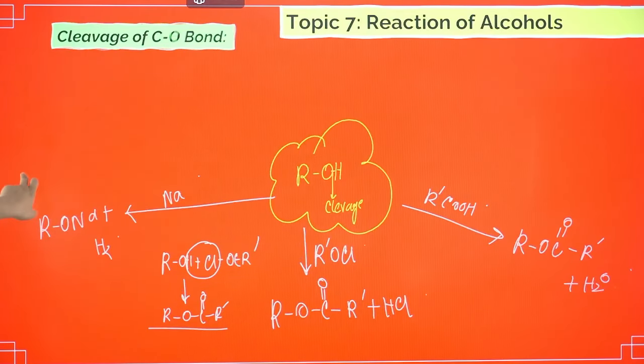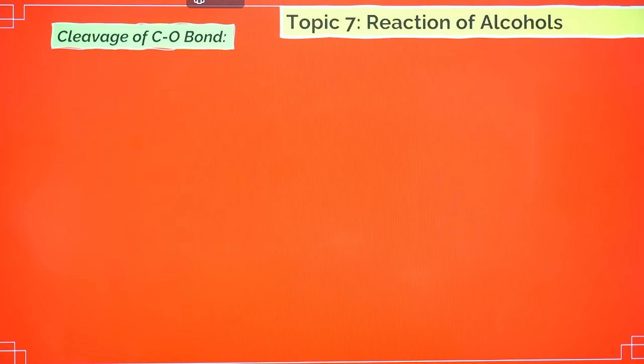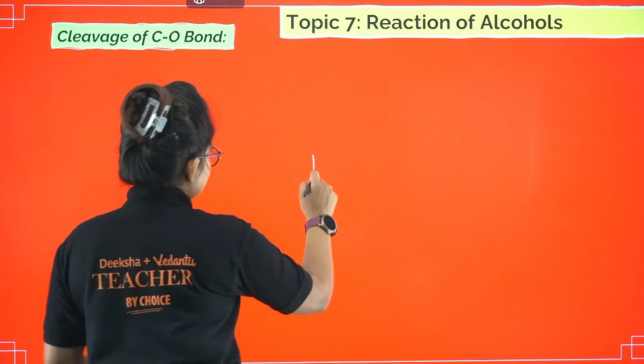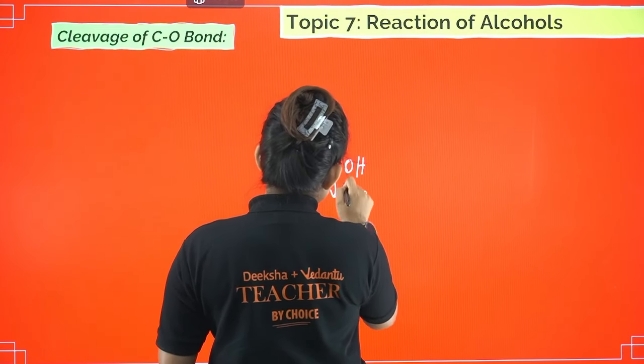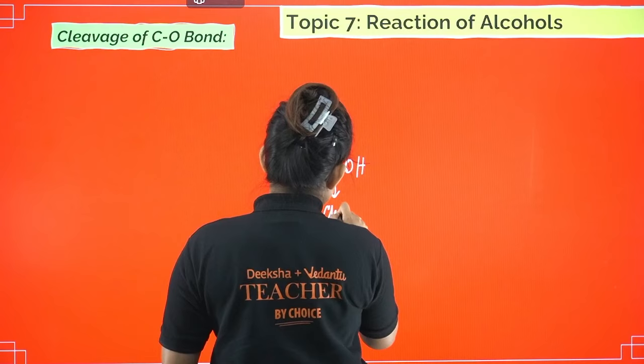Okay, let's proceed further. Here we will proceed with the cleavage of the C-O bond. So definitely we have to start with ROH. Here this bond needs to be cleaved.